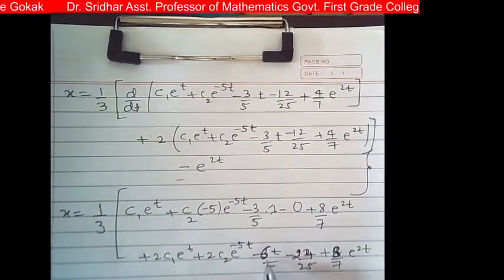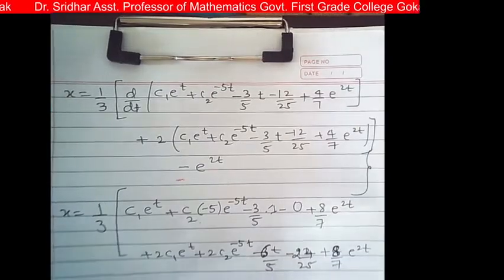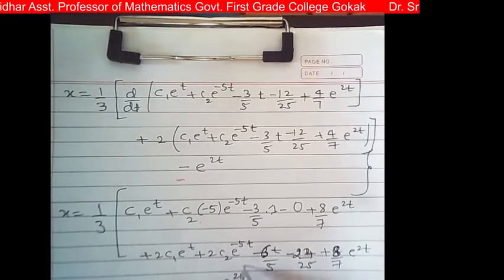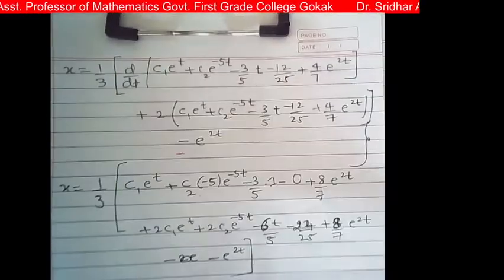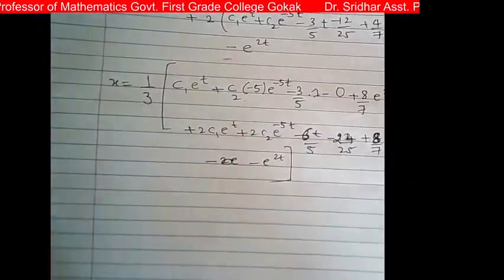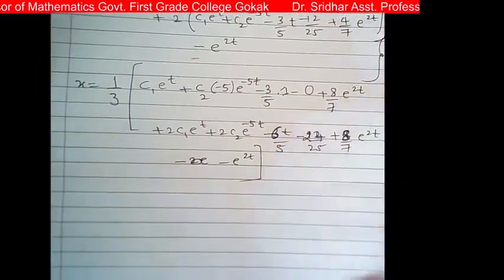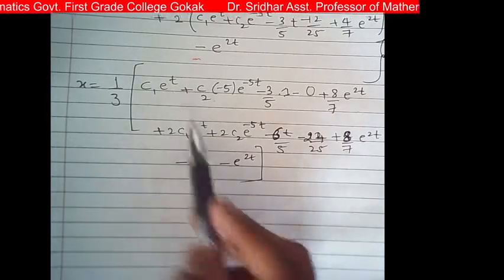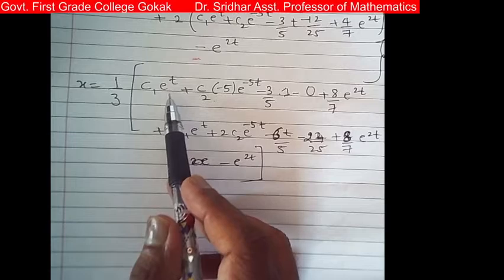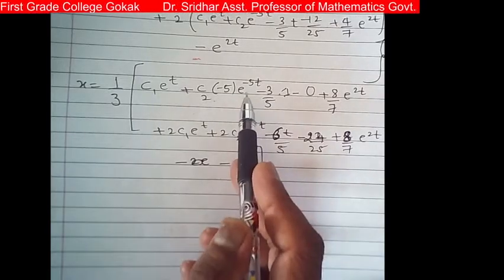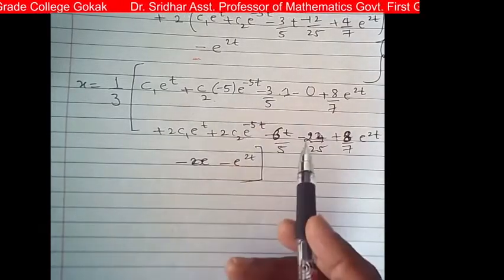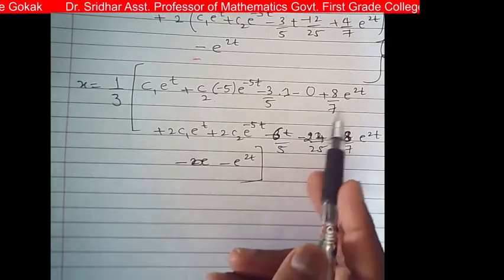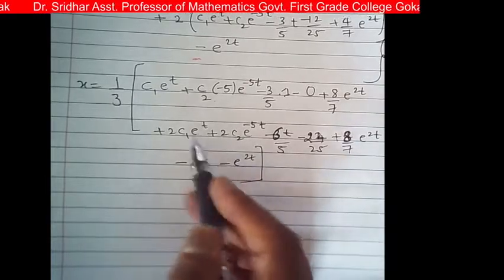Then the last term is minus 2 into e raised to 2t. So this is your x value. You can take e raised to t common here, and e raised to minus 5t common here, and you can simplify further also.